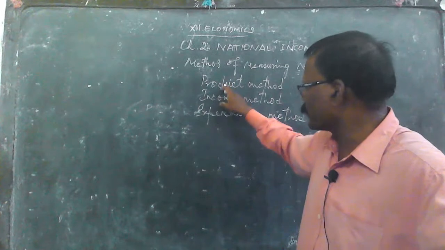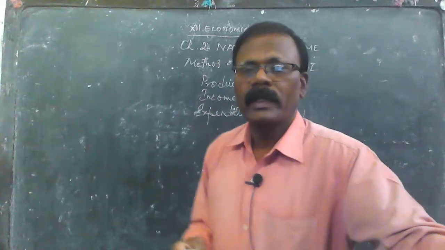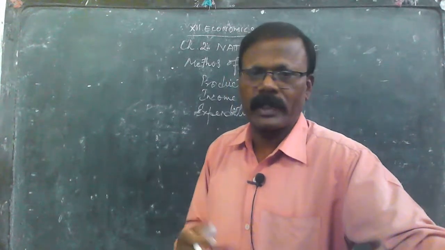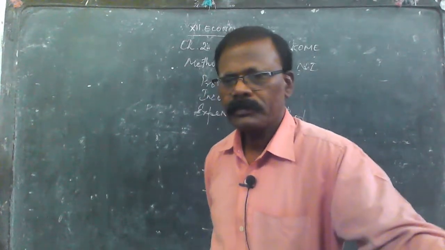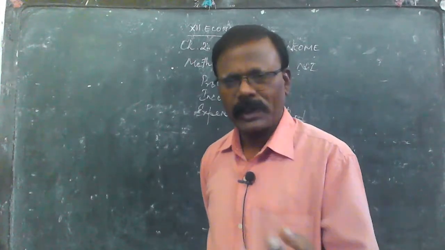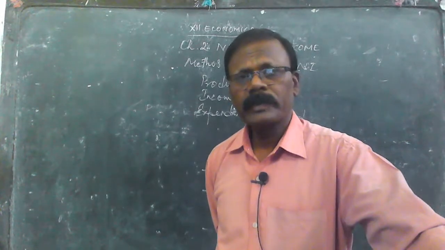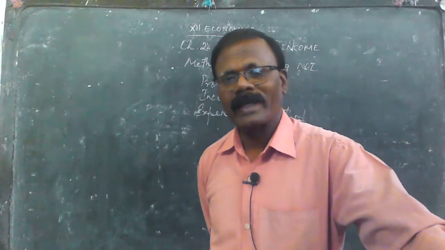Now, let us take the product method first. How is this product method used for measuring national income? The product method measures the value of the output of the country. It is also called inventory method.